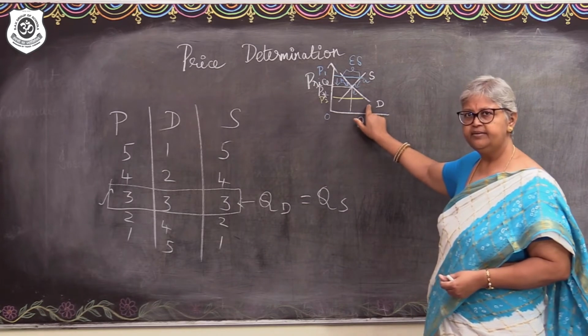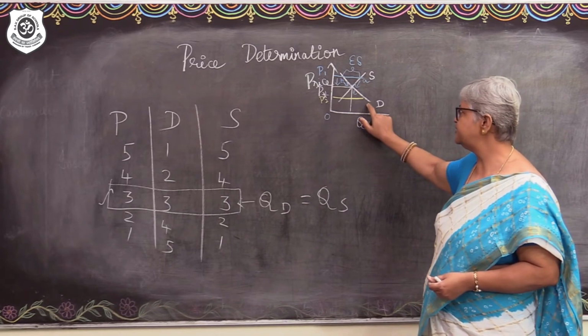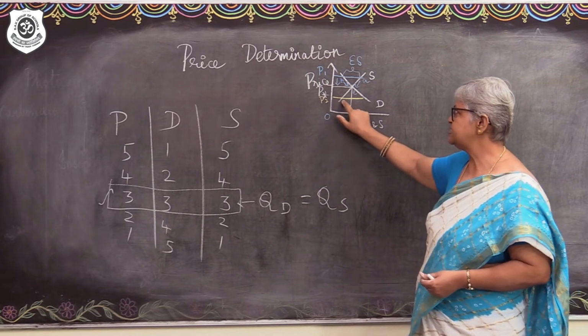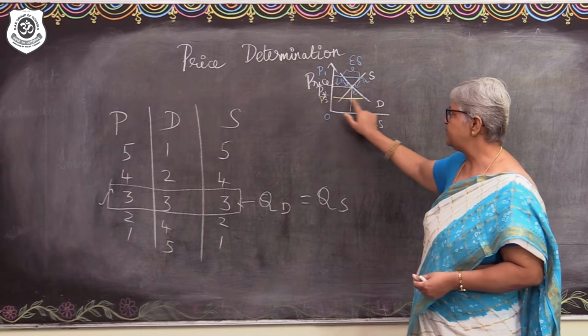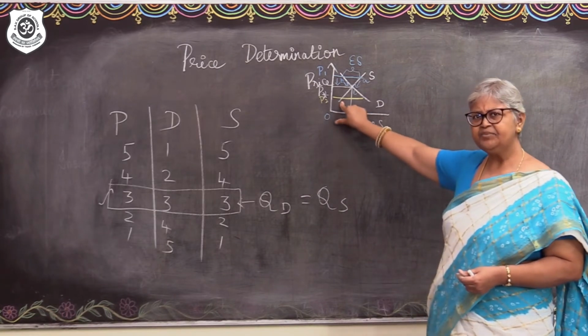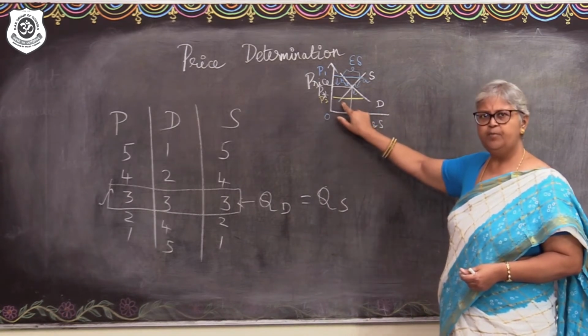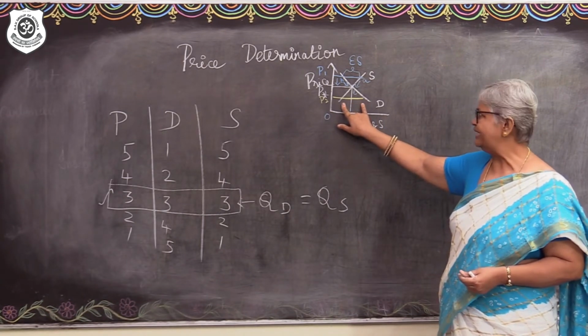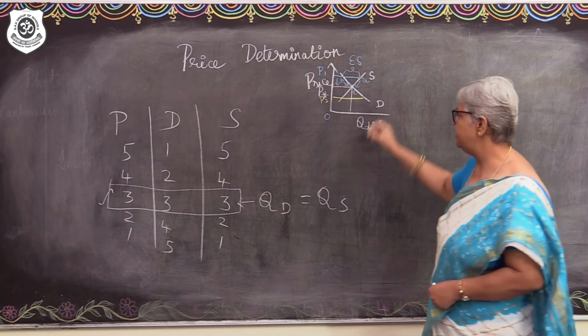Here is the demand, right? The market demand curve is over here, right? And the market supply, it is over here. You see, this price line is cutting the supply at this particular point. Fine. We understand very clearly that there is an excess demand, right?